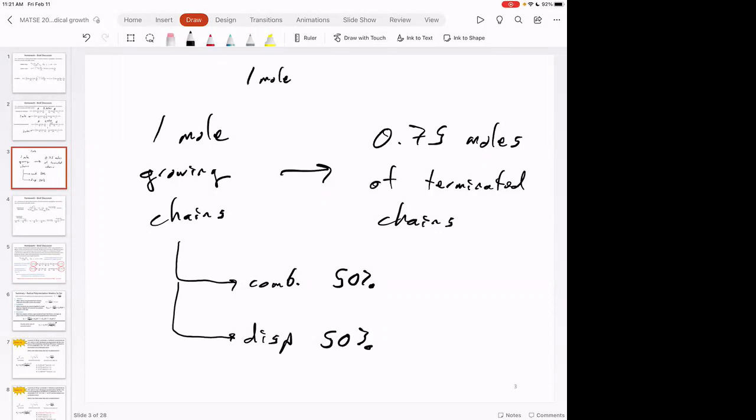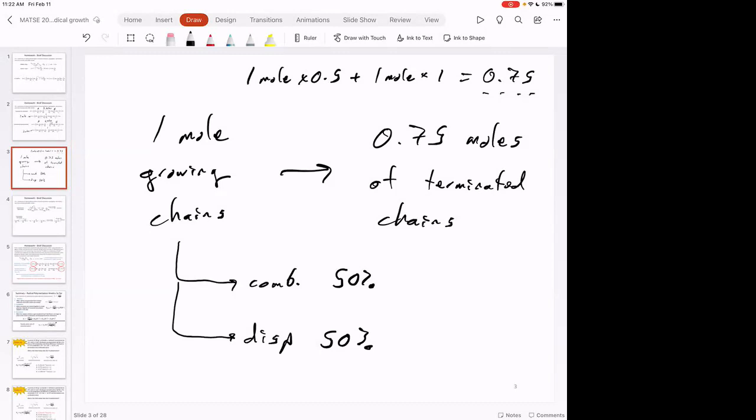If I do all combination, I'm going to multiply that by 0.5 because I'm going to have half the number of moles, plus 1 mole times the disproportionation fraction, because if I do all disproportionation, I'm going to have 1. And so that's going to equal 0.75, right?